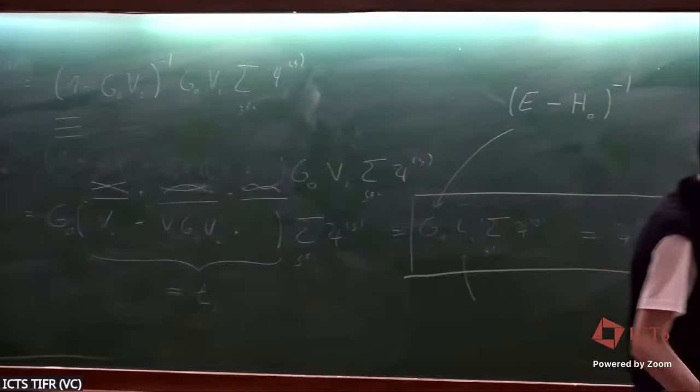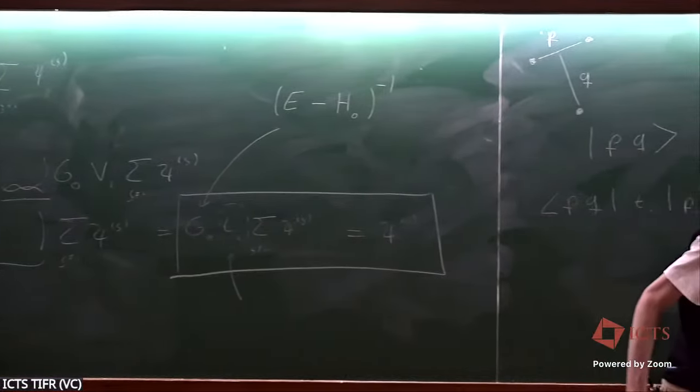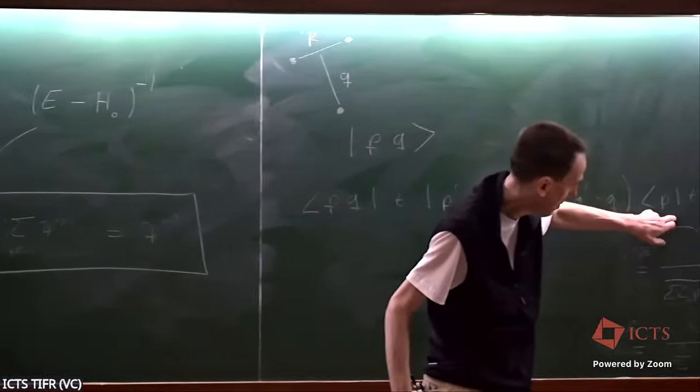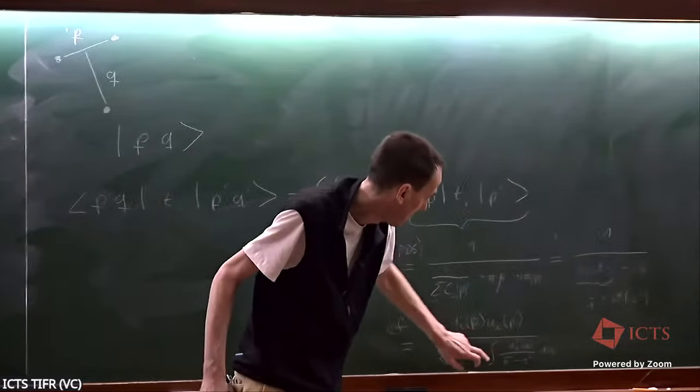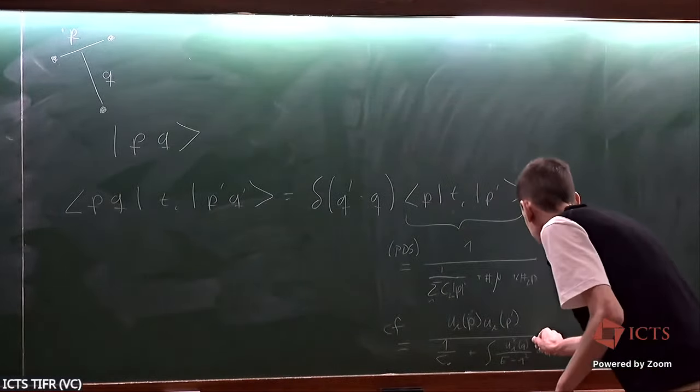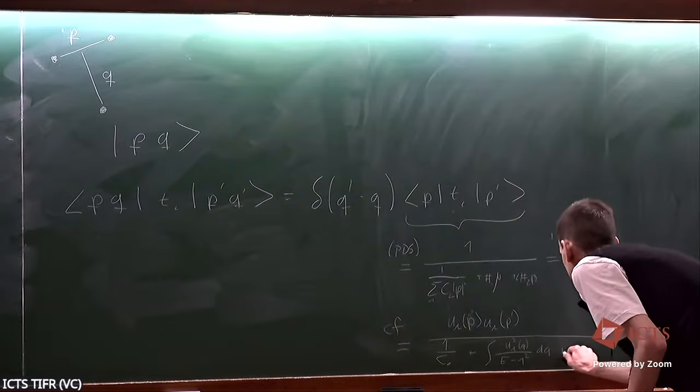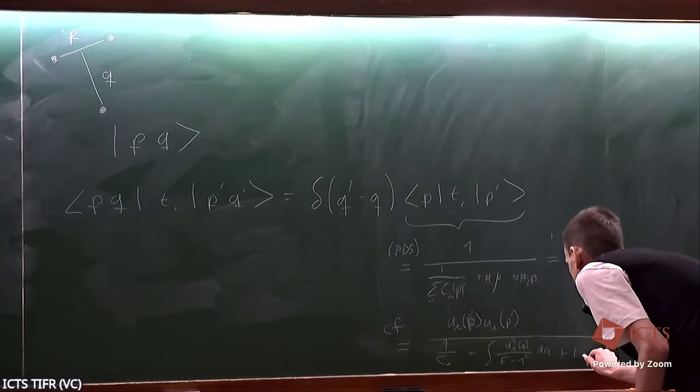Those cutoff functions appear here then in the amplitude and also in the denominator. And what I forgot was the plus ip.